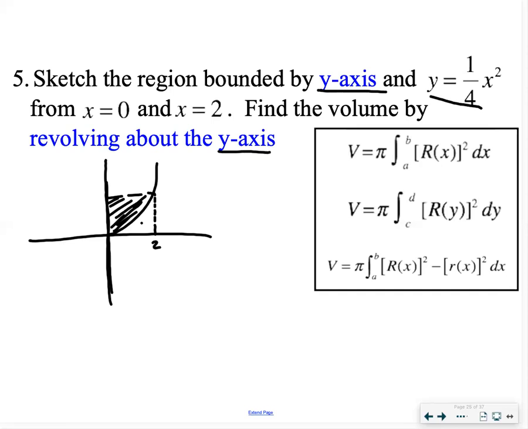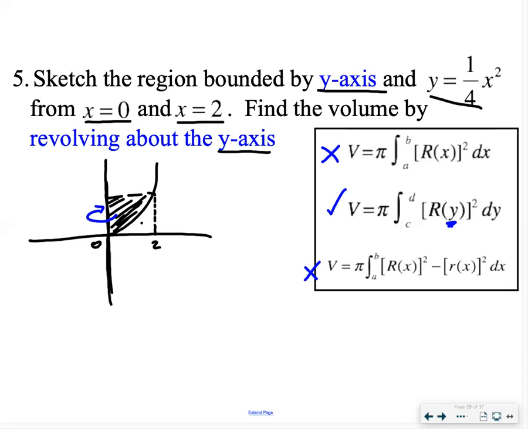The reason I have the 2 here is just because it says from x equals 0 to x equals 2. So I know from 0 to 2. So we're taking this and revolving it around the y-axis. It's not going to be a washer. It's not about the x-axis. It's actually going to be this one, revolving around the y-axis. To do that, we have to write our radius in terms of y, just like we did for cross sections. We have to flip the function.